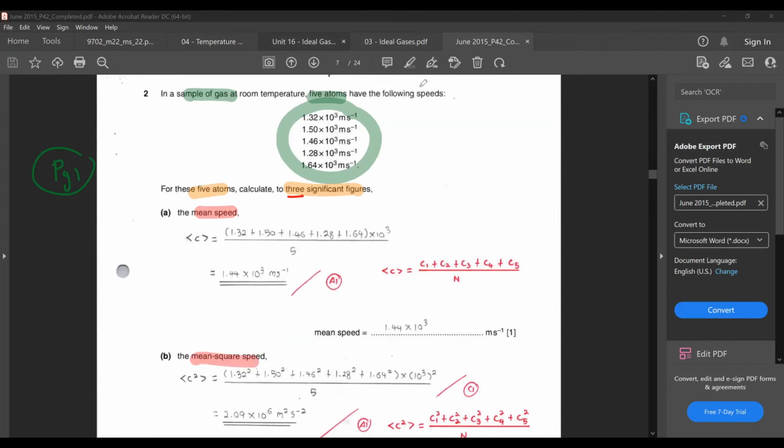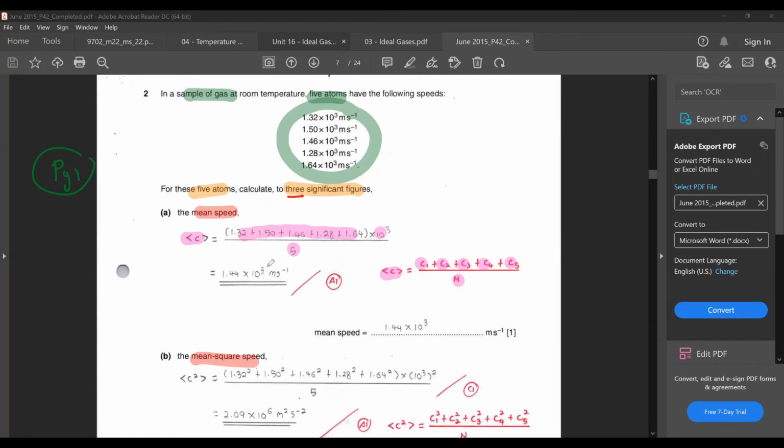Now mean speed, I think this one is quite easy. You can actually do it relatively easily. Mean speed is just you adding up all the speeds and then dividing by the number of atoms. In other words, mean speed is C1 plus C2 plus C3 plus C4 plus C5 divided by the number. So this is what you're going to get.